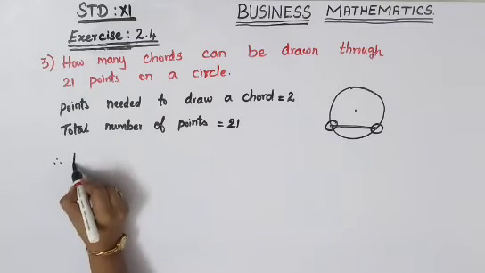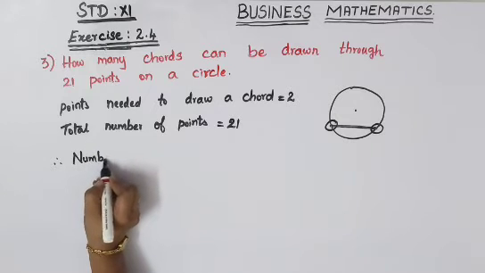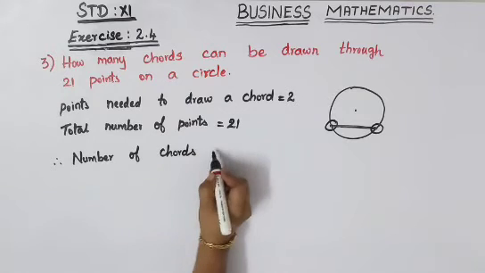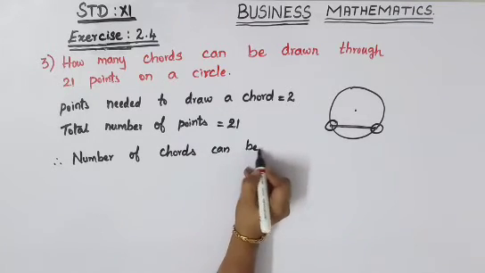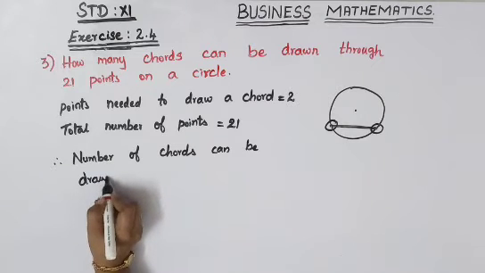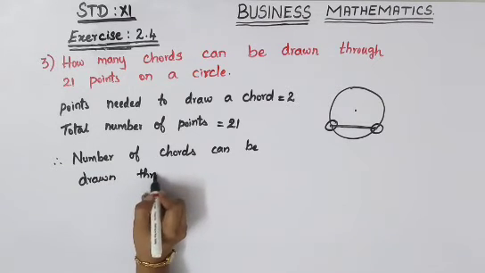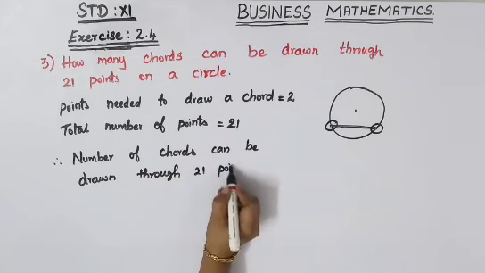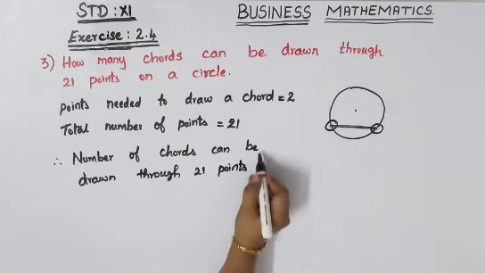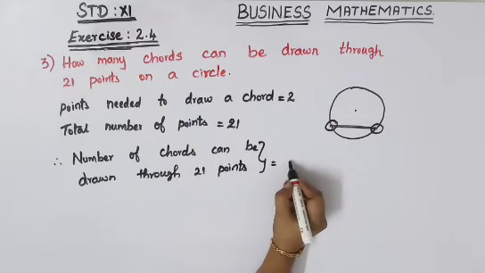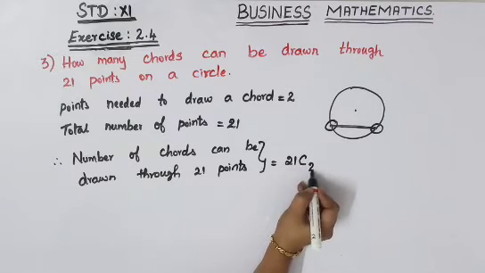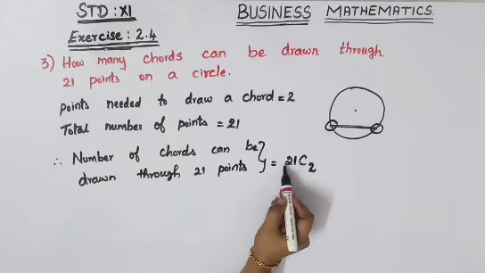Now the number of chords can be drawn through your 21 points is equal to 21. How many points is needed? C, 2 points is needed. So with 2 points you can draw one chord. So totally you got 21 C 2.